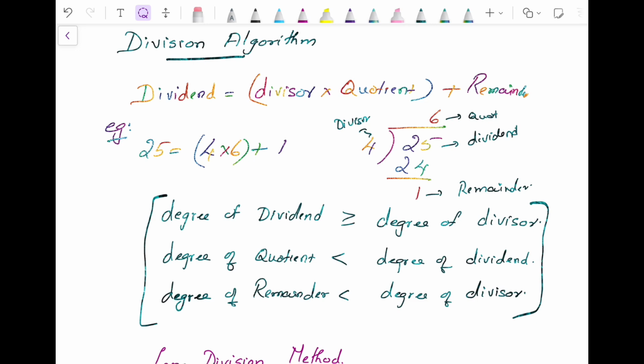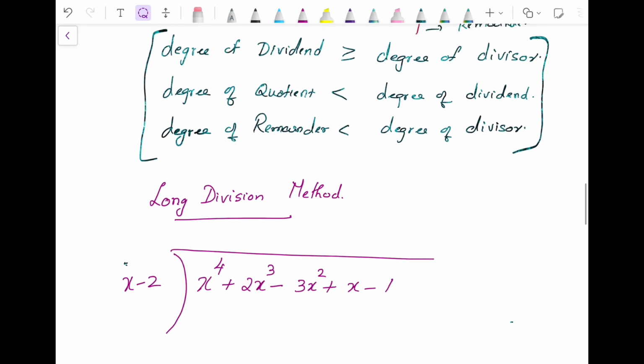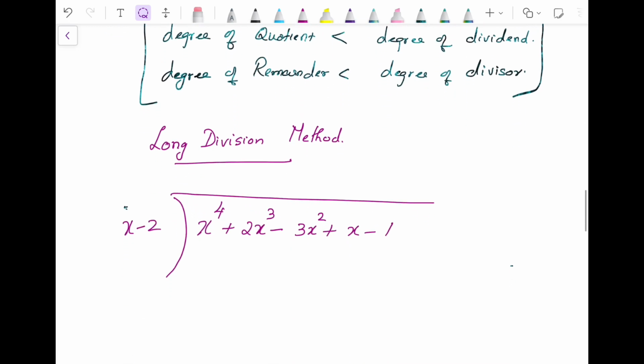Coming to the quotient, the degree of the quotient is always less than the dividend, and the degree of the remainder is always less than the degree of the divisor. These questions may come in your MCQ questions, so try to understand using this simple example. Now, coming to long division.